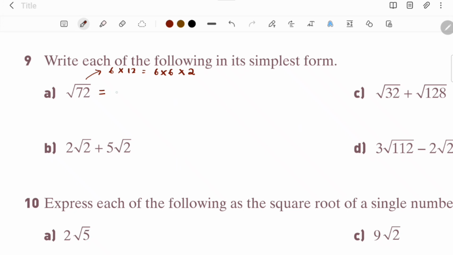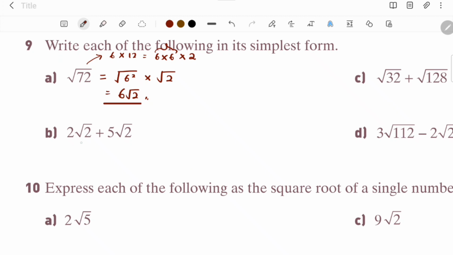So surd 6 square times surd 2. So surd and square, this one you get 6 and then surd 2. It has the simplest form. B, both also surd 2. So this one is actually 2 plus 5, you get 7 surd 2 as your final answer.